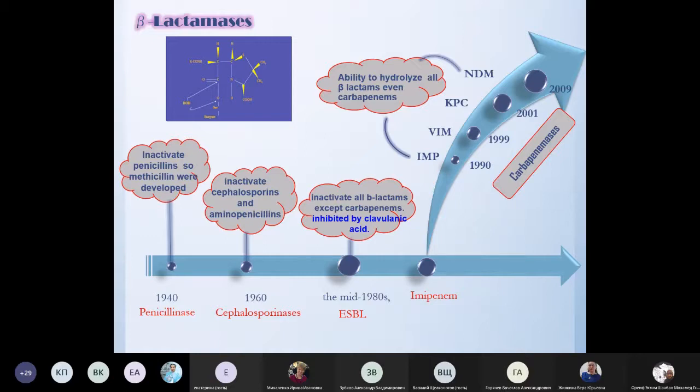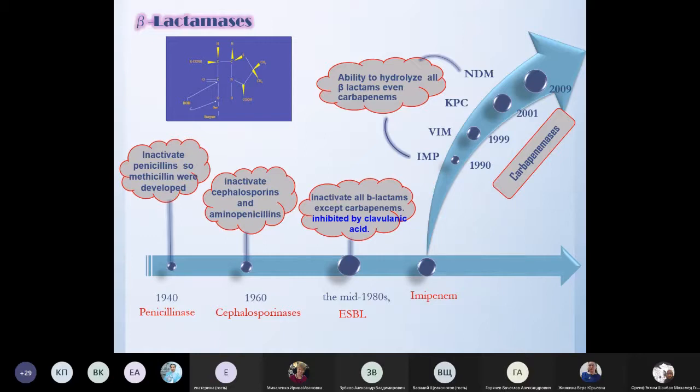Cephalosporinases cause inactivation of cephalosporin and aminopenicillin. And extended-spectrum beta-lactamases cause inactivation of all beta-lactams except carbapenem. They are inhibited by clavulanic acid.